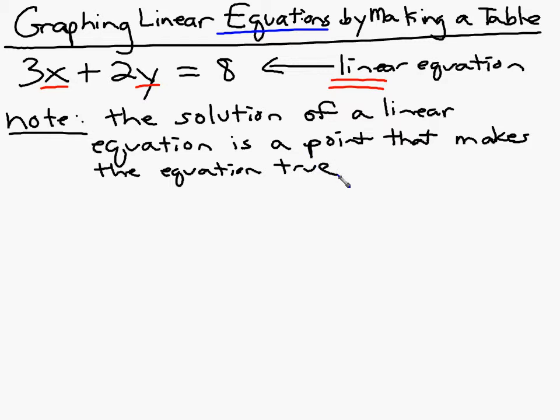The solution of a linear equation is just a point. And when I say a point, I mean an x and a y coordinate. We call that an ordered pair.